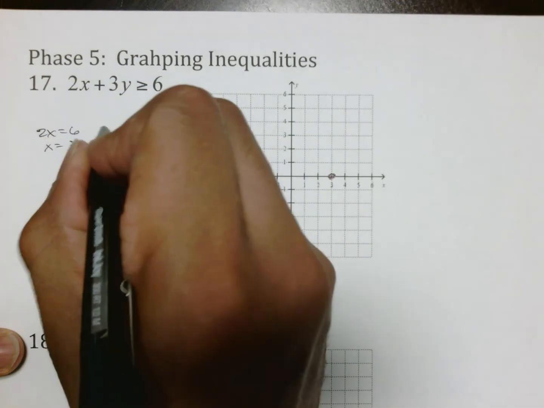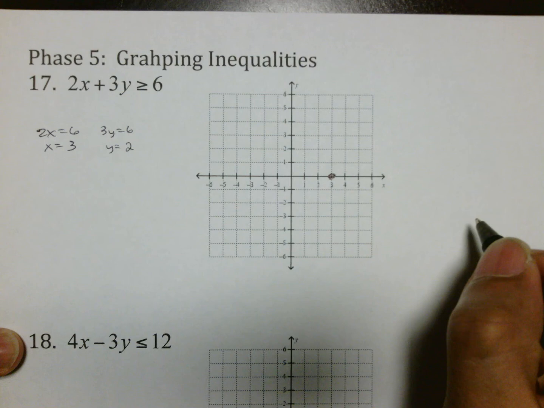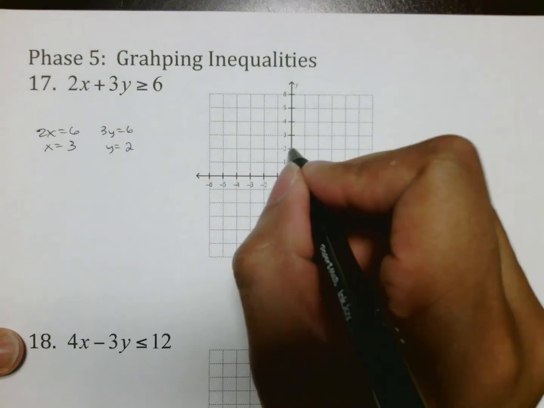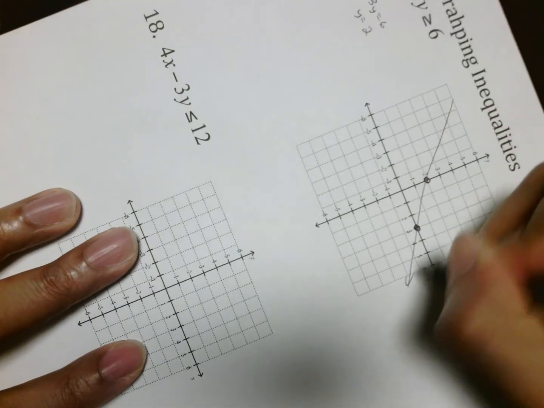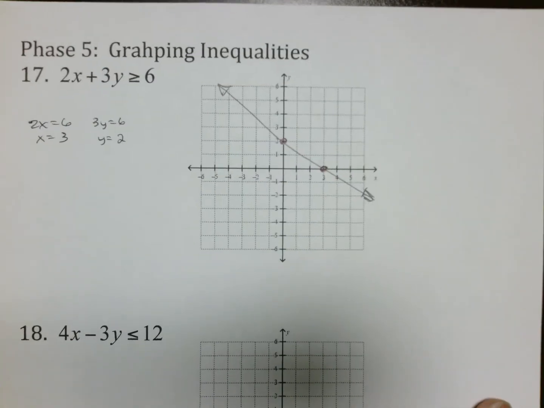The other thing we get is that 3y equals 6, which means that y is equal to 2. And so therefore, if y is equal to 2, we go up 2, we put our dot. We then draw our line. Now today you can just loosely draw your line, but we'll talk about some stuff tomorrow that you might want to think about, but that is the line that we would draw.